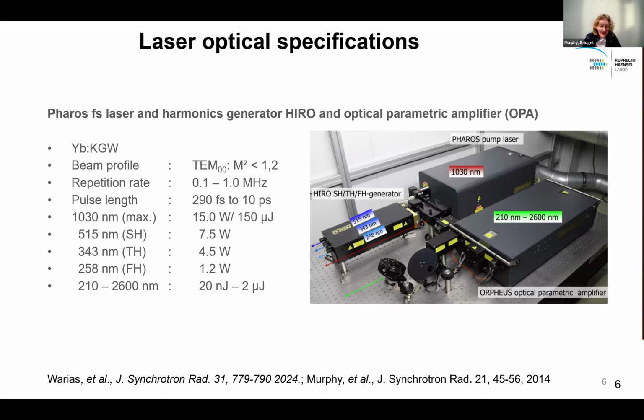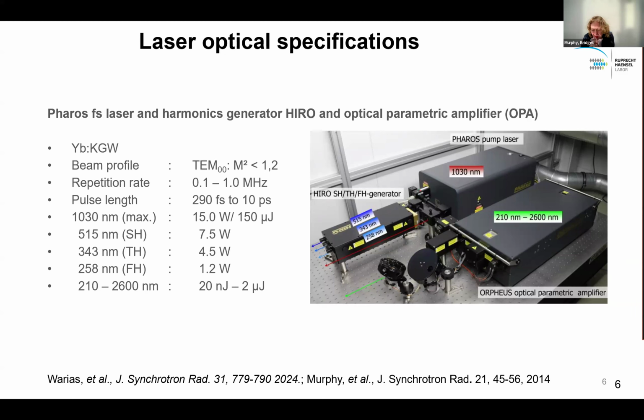But if you really need another wavelength and you're prepared to take the cost that you lose an awful lot of intensity, we can go from 210 to 2,600 nanometers, but you lose about a factor of between 10 and 100 in the intensity. So you really need to be tuned at a very determined wavelength that you need to excite something if you want to choose that.